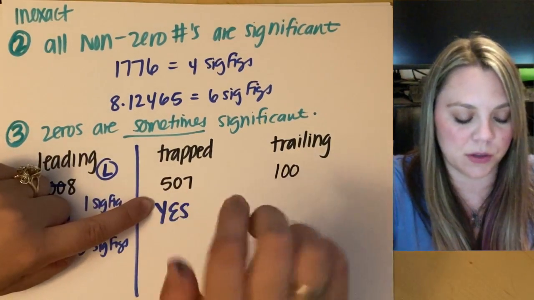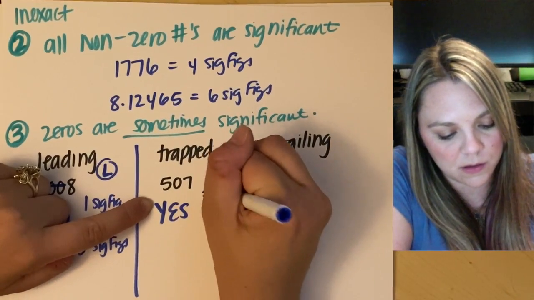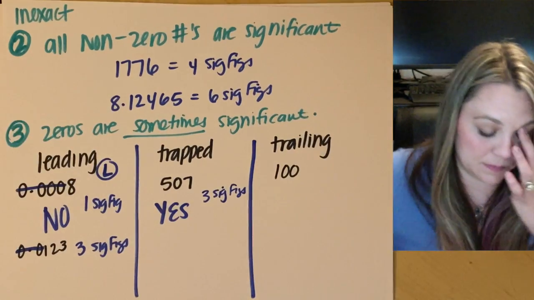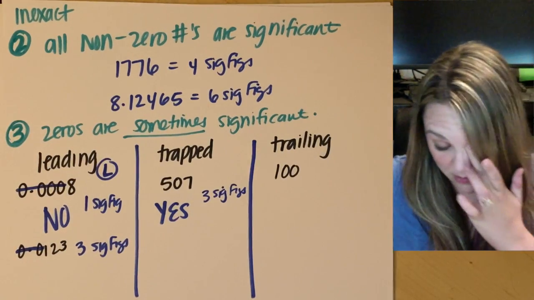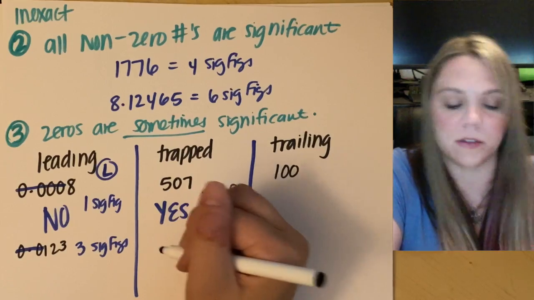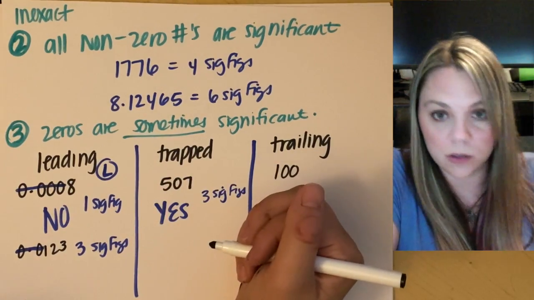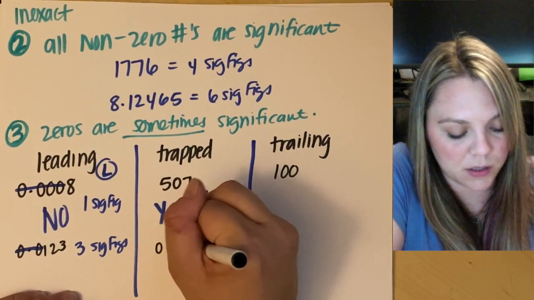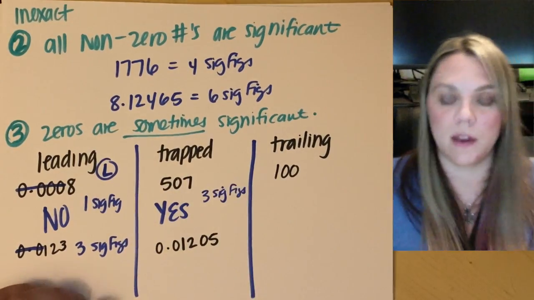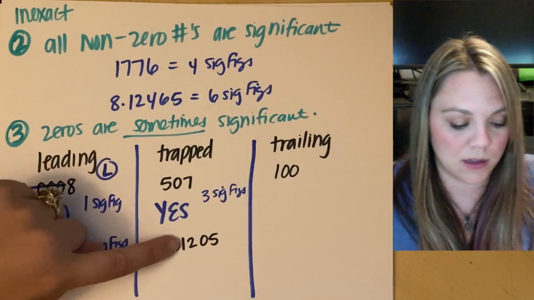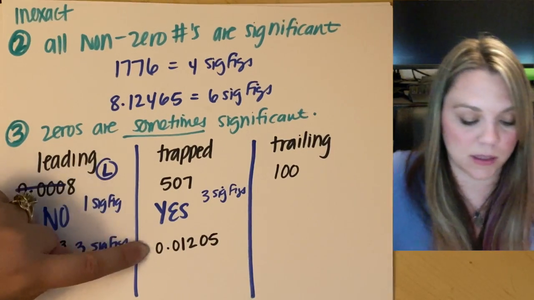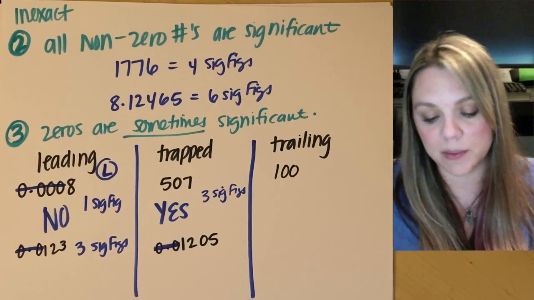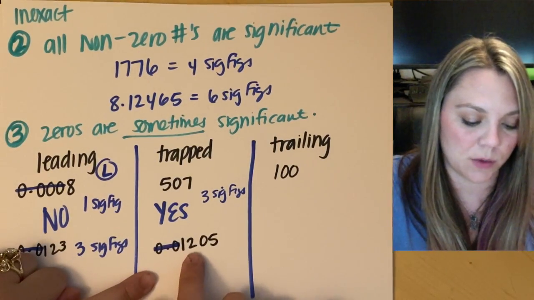So in this case, I have 1, 2, 3 sig figs. You get it. Just in case, let's do 0.01205. My leading zeros, the zeros to the left, don't matter. My zero in the middle, that's trapped, does. So in this case, I have 1, 2, 3, 4 sig figs.